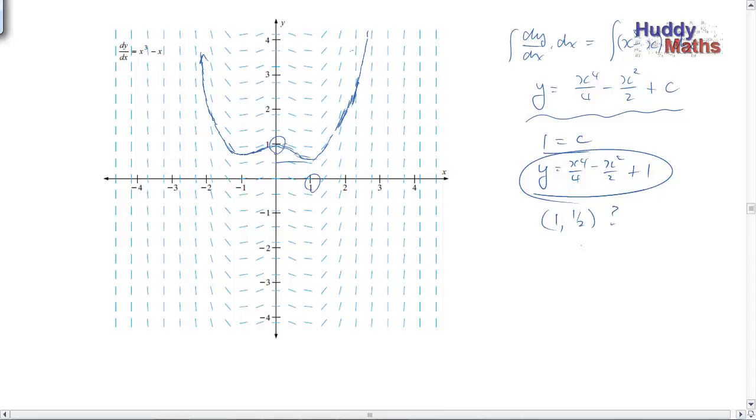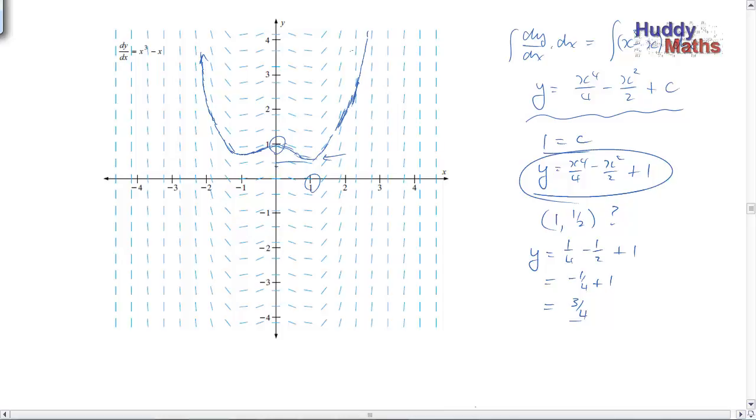Does that check out? Let's put 1 in the right hand side. 1 equals a quarter take a half plus 1, which is neg a quarter plus 1, which is 3 quarters. So I'm too low? No, I don't know. Oh no, somewhere in here. That's not bad, I suppose. A half, it should be a little bit higher.